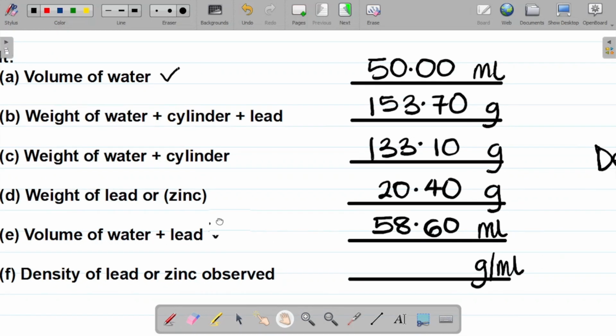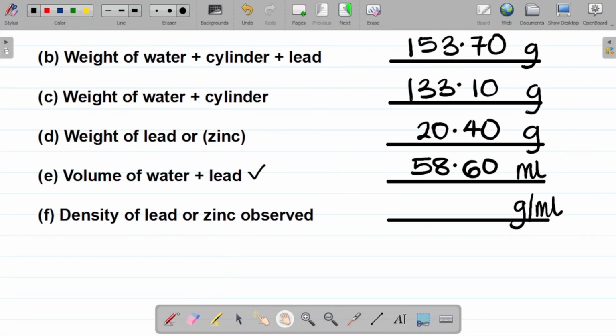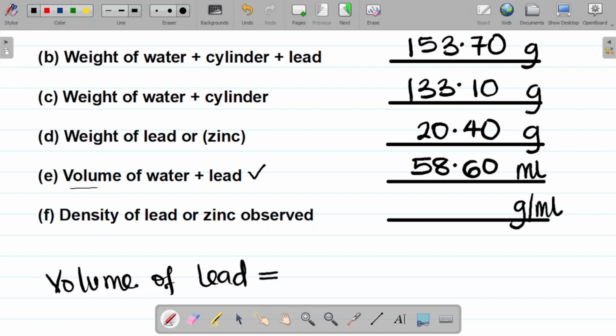So to get the volume, what you do is very simple. Your formula becomes: the volume of lead will be equal to this E here, volume of lead plus water, which is 58.60, minus the volume of water alone.